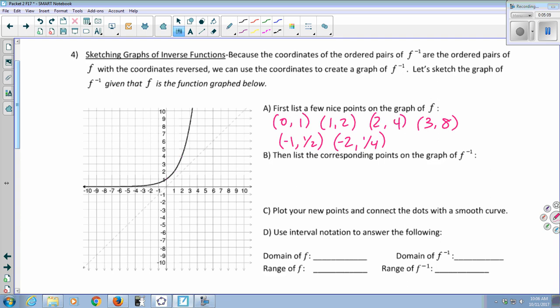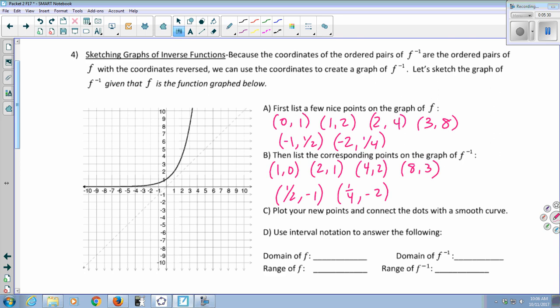The corresponding points on f inverse, right, just reverse the components of the points on f. So I have 1, 0, 2, 1, 4, 2, 8, 3, 1/2, negative 1, and 1/4, negative 2.